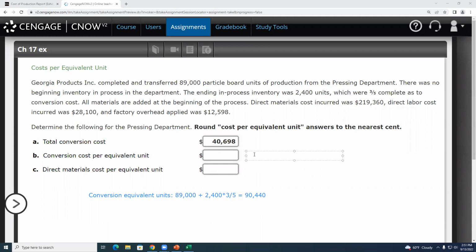Okay, so now we can find our cost per equivalent unit by taking the total cost that we already found in part A and dividing by the total units that we just calculated. So 45 cents per equivalent unit for conversion costs.